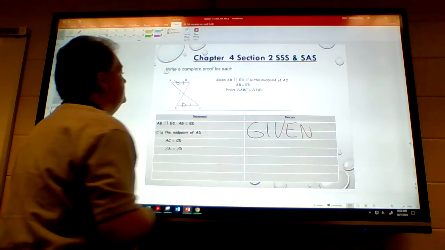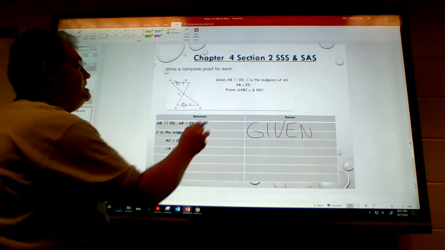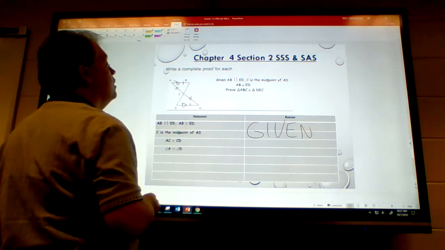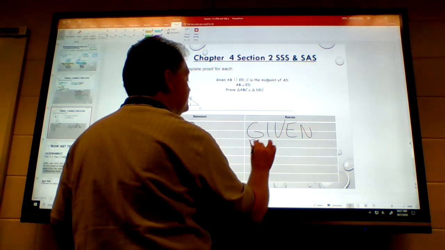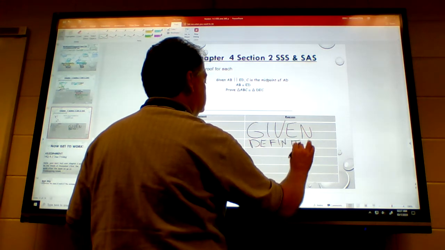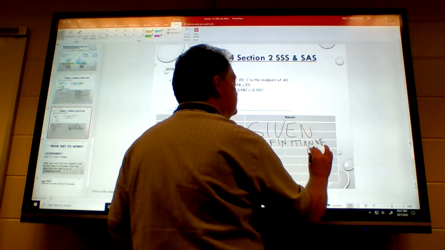All right, so now here's what you need to know. It says that C is the midpoint of AD. So that means that these two segments are congruent to each other. Now it's by the definition of midpoint.